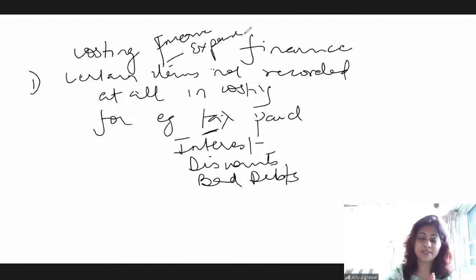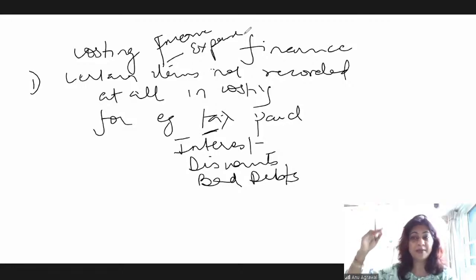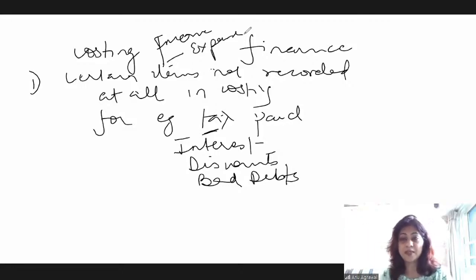I did an investment in shares or in properties, and I'm getting dividends or rental from there. So I will be recording in finance those rental incomes, those dividend incomes, the transfer fees received. There are so many other modes of income recorded in finance. Because of this, the financial profit will be higher in comparison to costing, because costing does not recognize these profits.